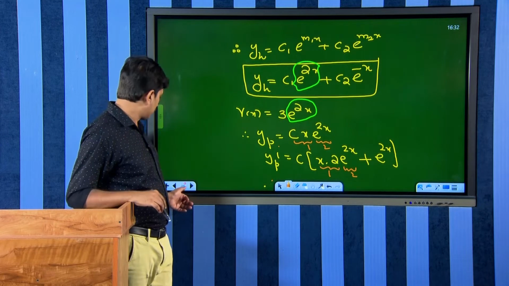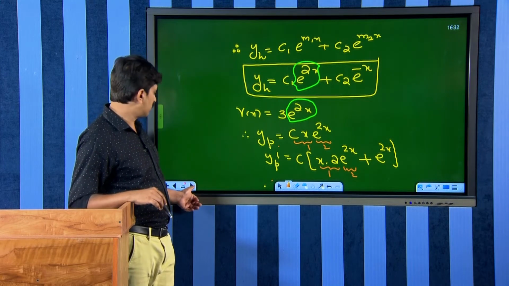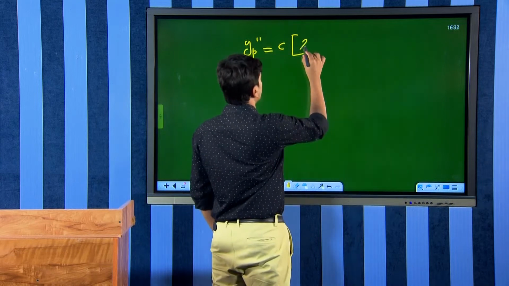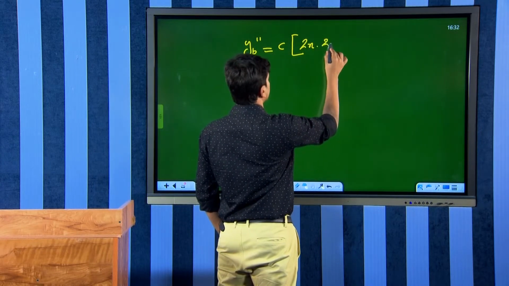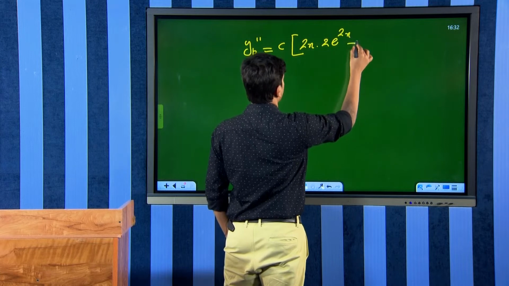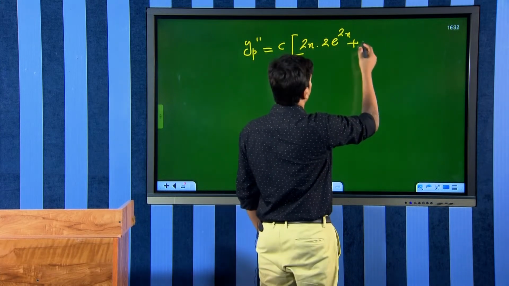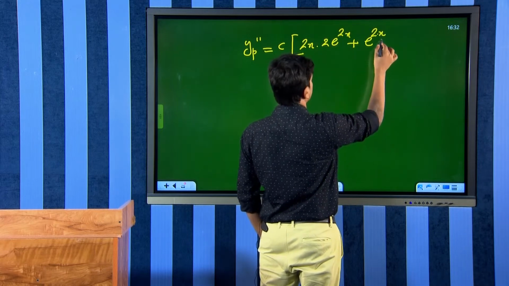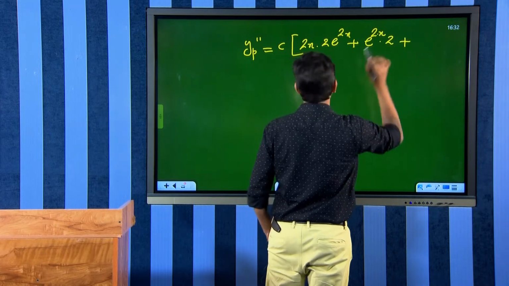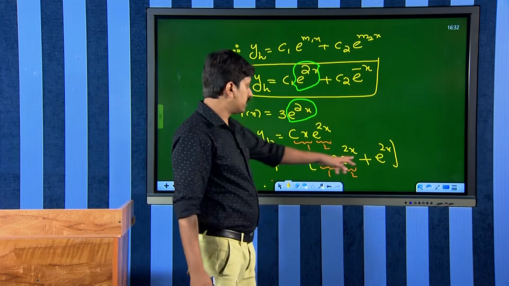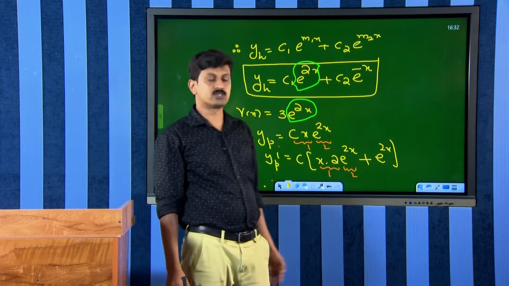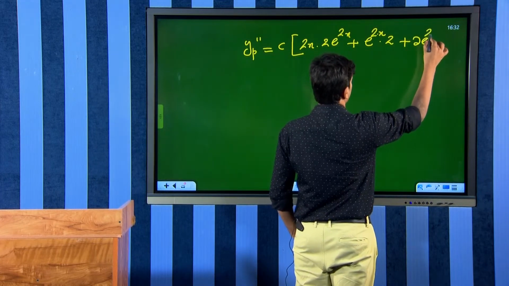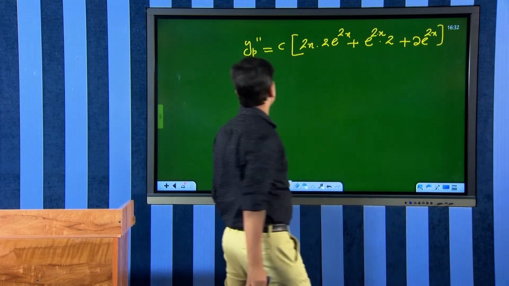Therefore, we have 2x into the derivative of e raised to 2x, that is 2 e raised to 2x, plus e raised to 2x into the derivative of 2x, which is 2, plus the derivative of e raised to 2x, which is 2 e raised to 2x.